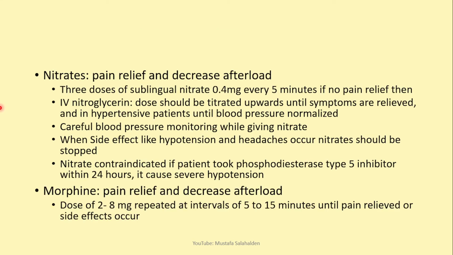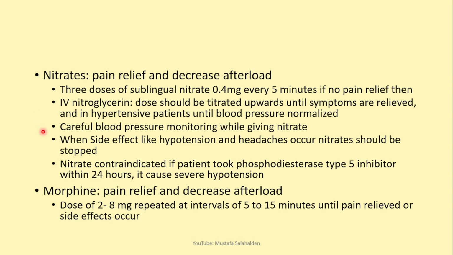You're thinking nitrate? Those are for pain relief and decrease afterload, so they decrease myocardial oxygen demand. And you give 3 doses of sublingual nitrate, 0.4 milligrams every 5 minutes. If no pain relief, then you're thinking intravenous nitroglycerin. And those should be titrated upwards until symptoms are relieved, and in hypertensive patients, until blood pressure normalizes.